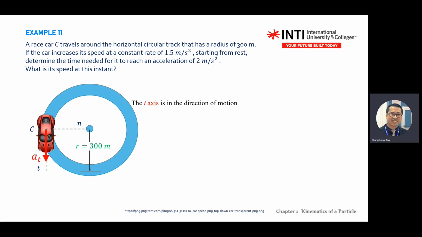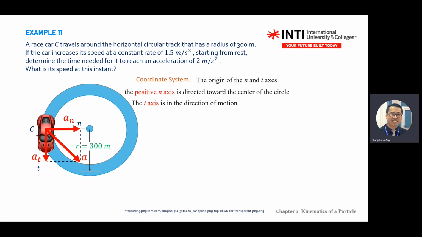Then I add in the components I have, AT and AN, and I draw A for that vector diagram. Normally in this chapter you deal with normal tangent velocity, normal tangent acceleration, then find the magnitude and the angle.